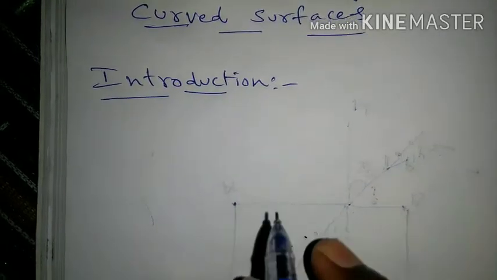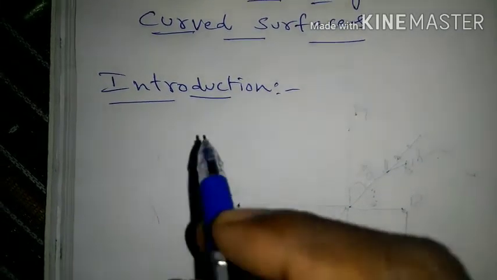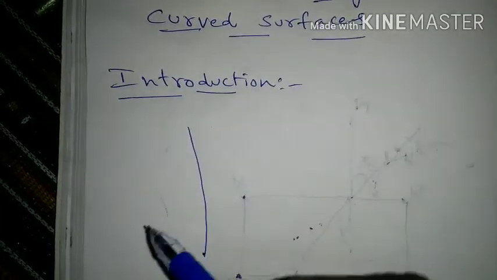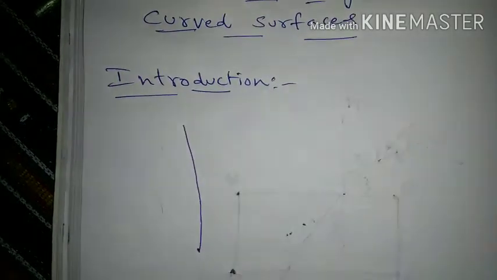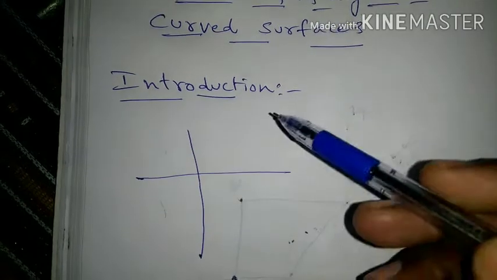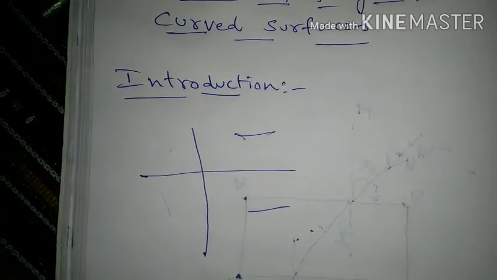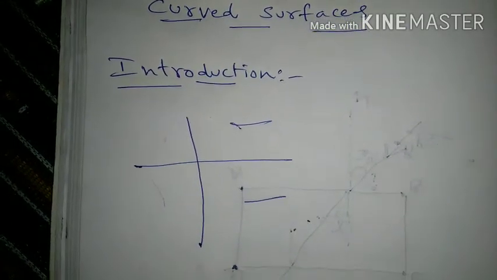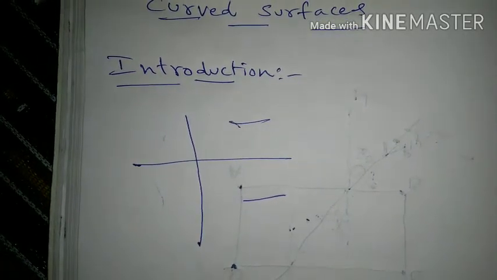This is a plane, this is a vertical line and this is a horizontal line. The upper side is the rarer medium and the downside is the denser medium. That was the previous chapter.